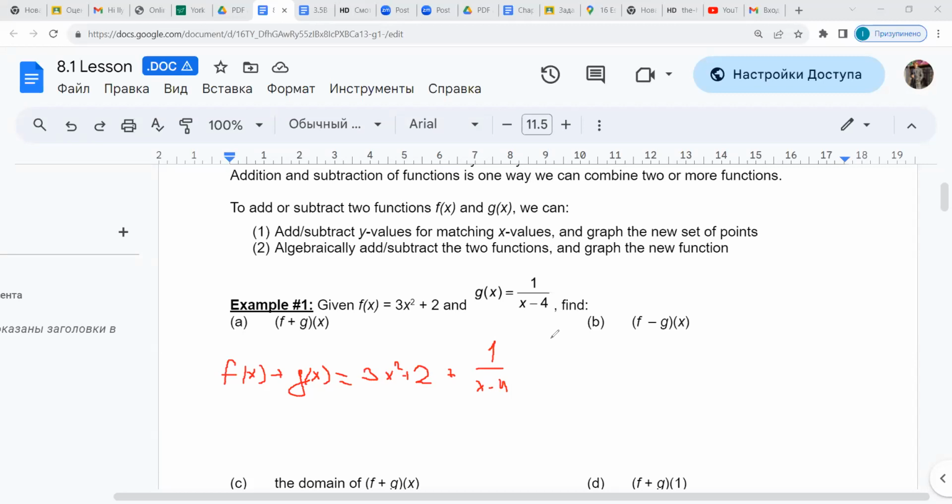So basically, it's not a simplified form. In order to do so, we need to get rid of the denominator, or basically simplify it as much as possible. What we can do here is, let's see.